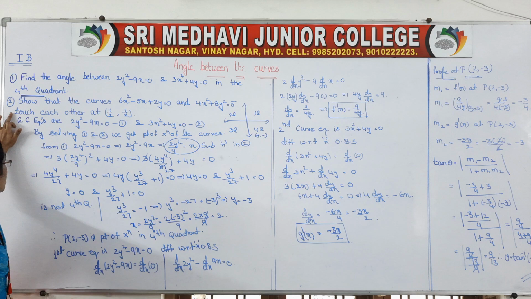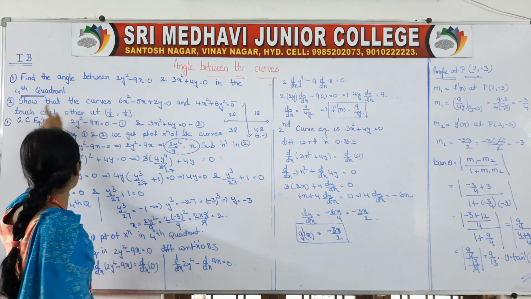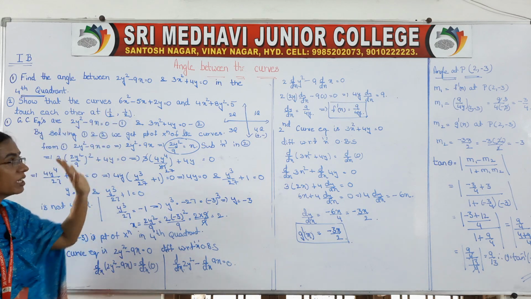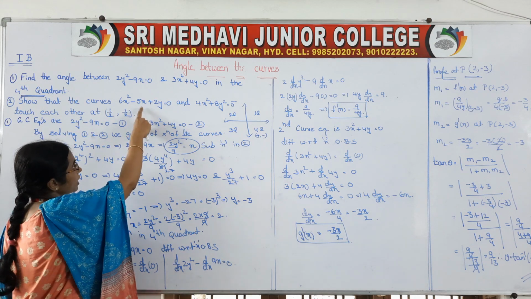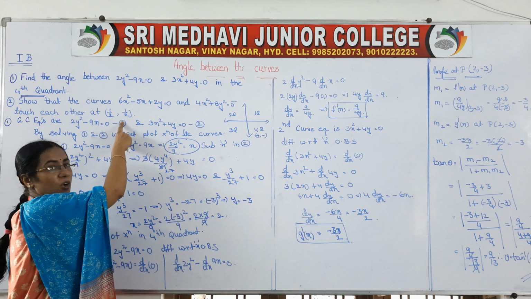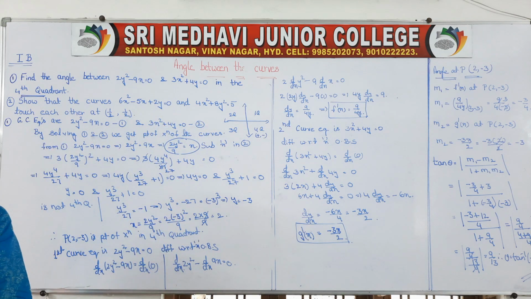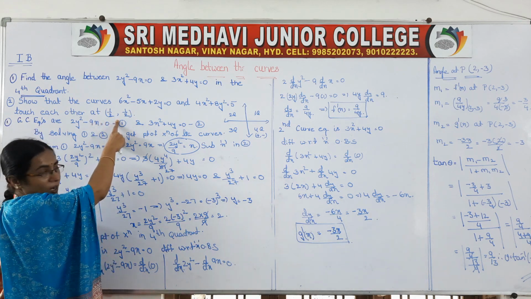Come to the second question. If you observe this one, show that these two curves touch each other at the point 1 by 2, 1 by 2. So very simple, just find the derivative of this function, dy by dx, and substitute this point. Similarly, find f dash x, the first curve's derivative, at this point.